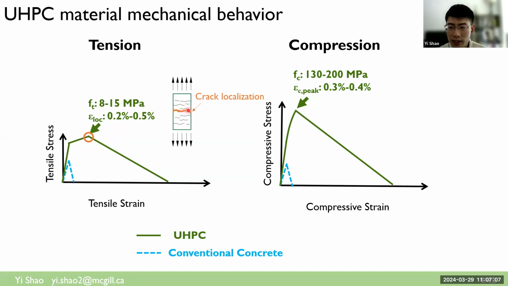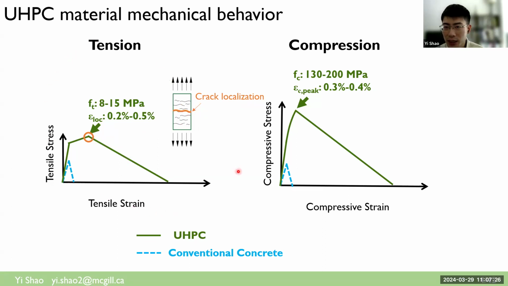At the crack localization point, one cracking plane will start to localize and the UHPC tensile strength will start decreasing. After crack localization, all the deformation will be concentrated in the single localized crack instead of being spread along the entire specimen.